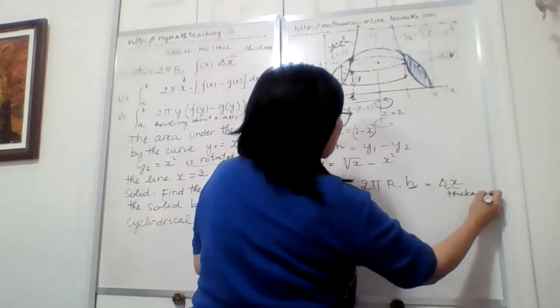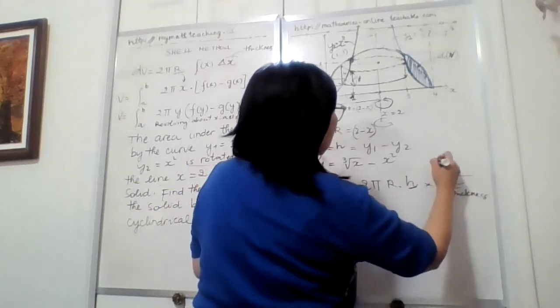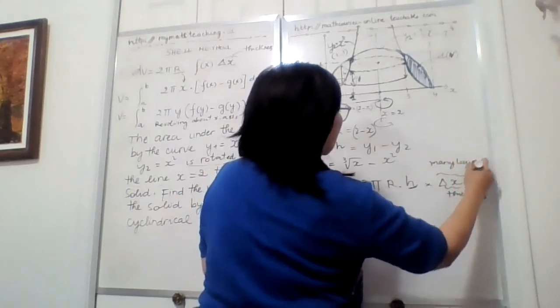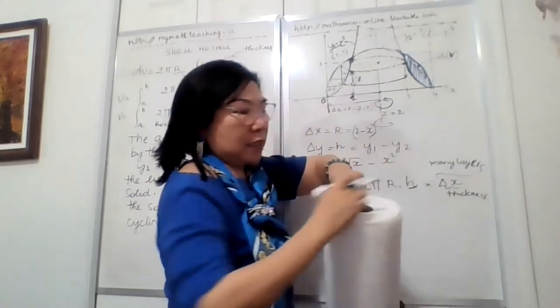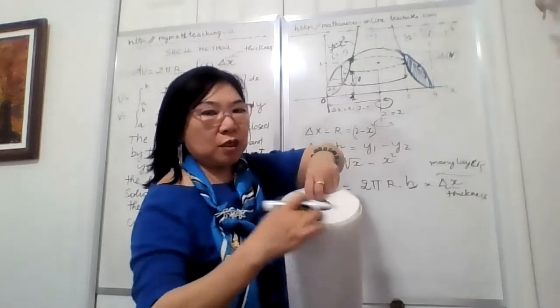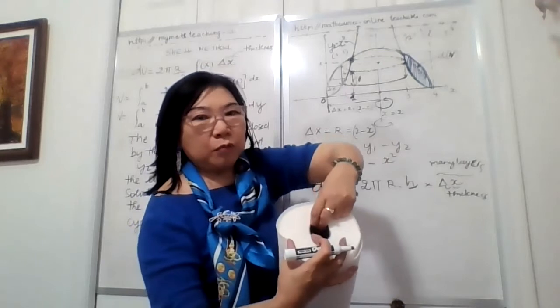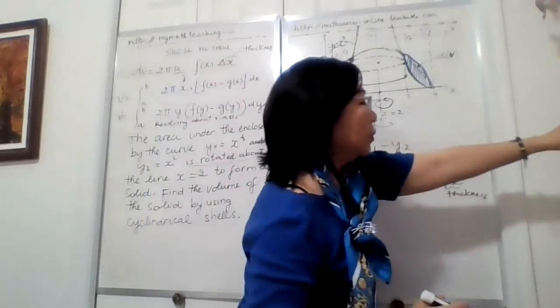So this represents many layers we build, many cylindrical shells inside, to form this thickness, okay?